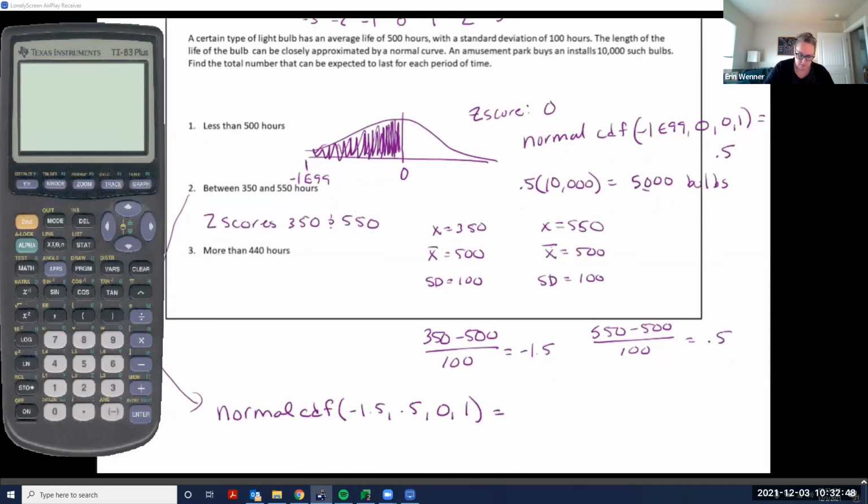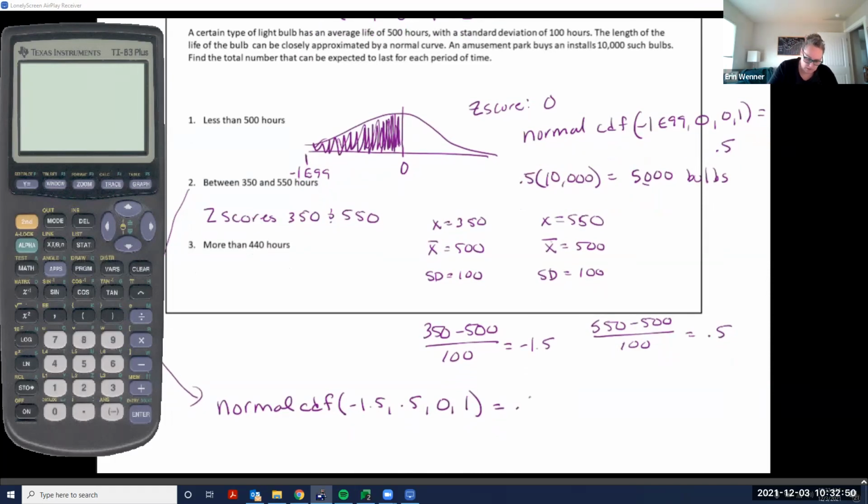So if we put this in, we end up with 0.624655. So we're going to take this amount because that is the portion of the distribution that is between these two amounts. So if we think about this in terms of what percentage, 62.4655% of the light bulbs are going to fall in that range.